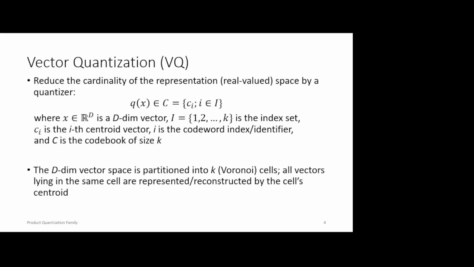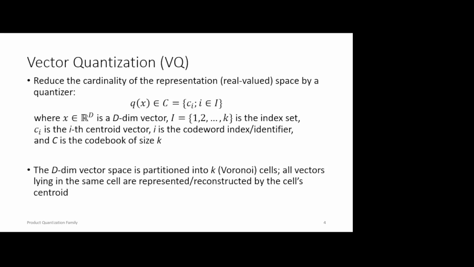That's why Ci is called a code word, and we also call it a centroid vector.